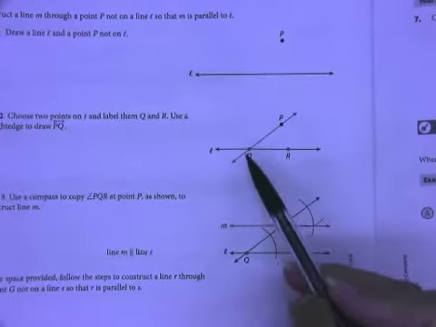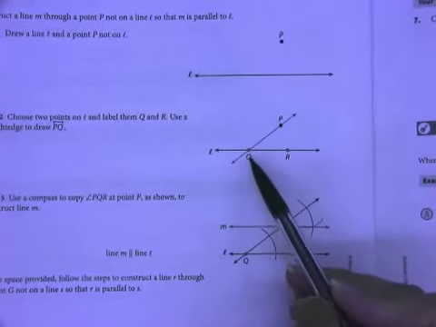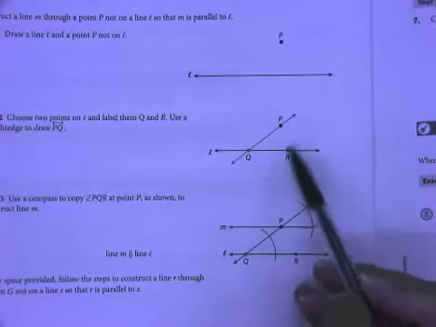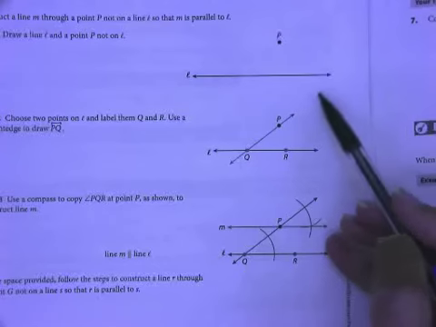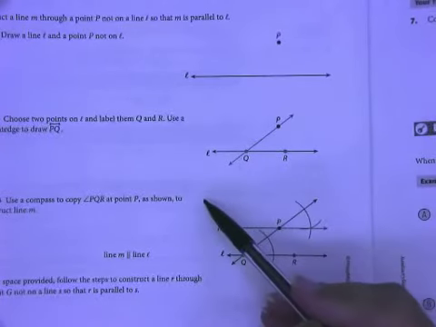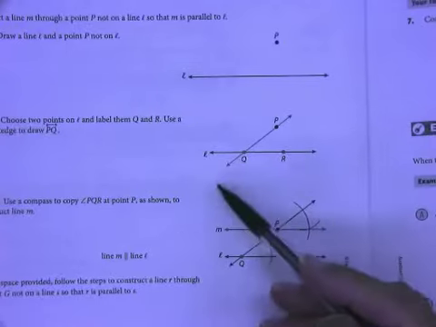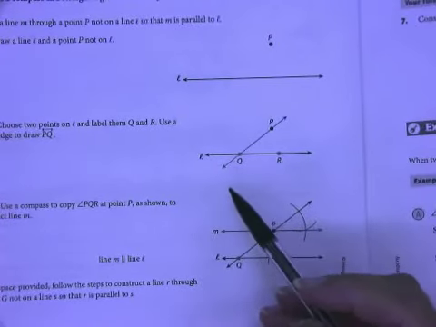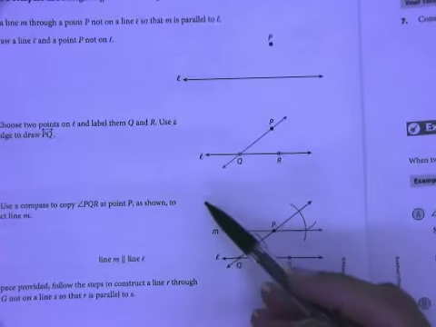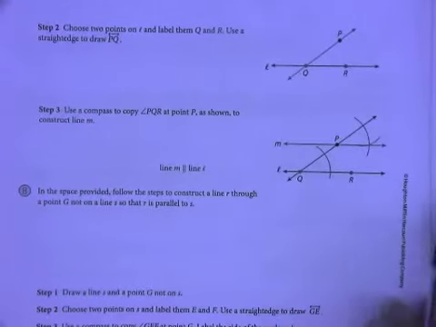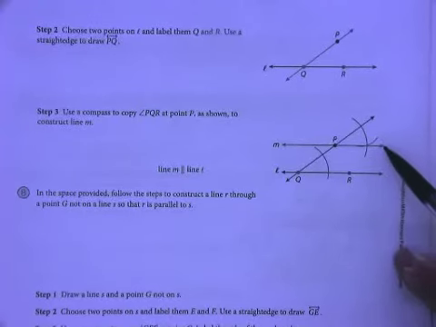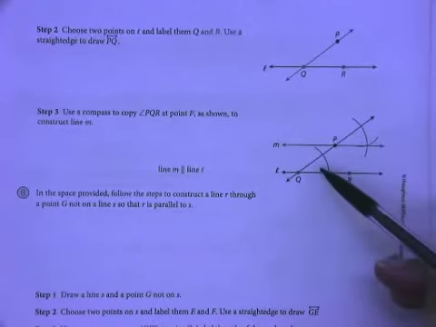Okay, so in part A, I have a line, I have a point, and my first step is to make 2 points on this line, and it's asking us to label them Q and R. And then it asks us to draw a line through P and Q. So in essence, what we're doing in this step is creating an angle, and it's a random angle.